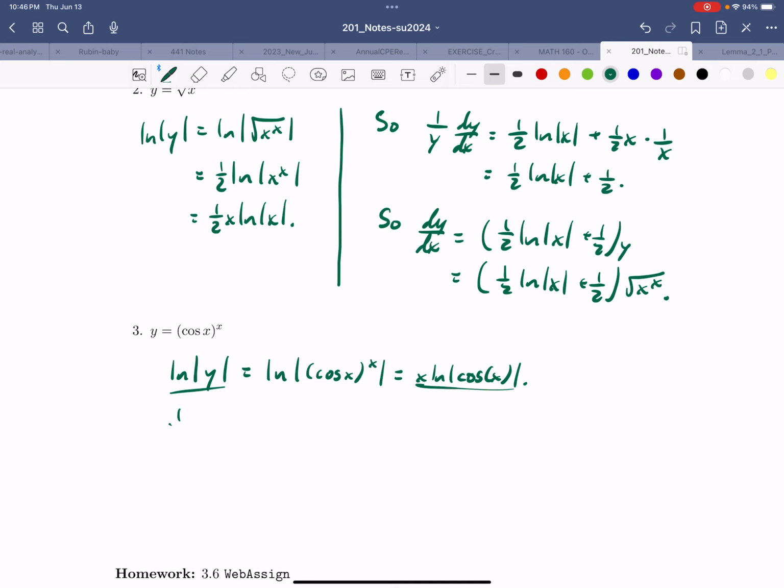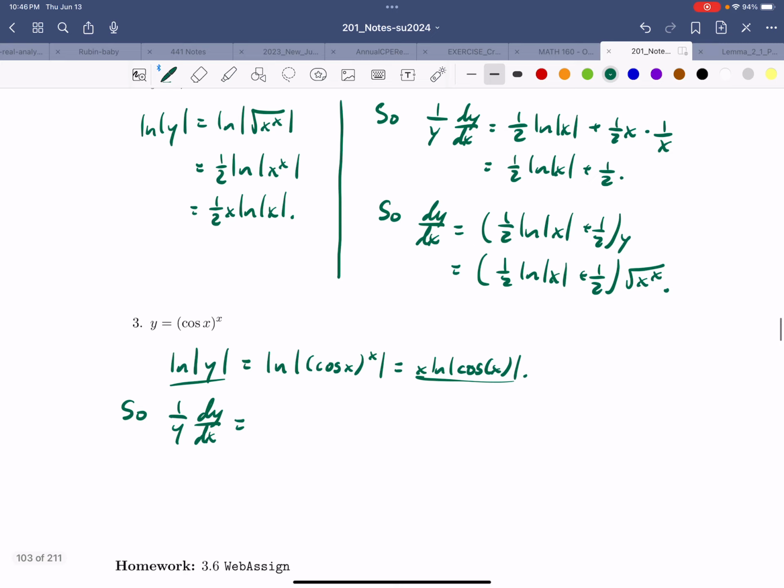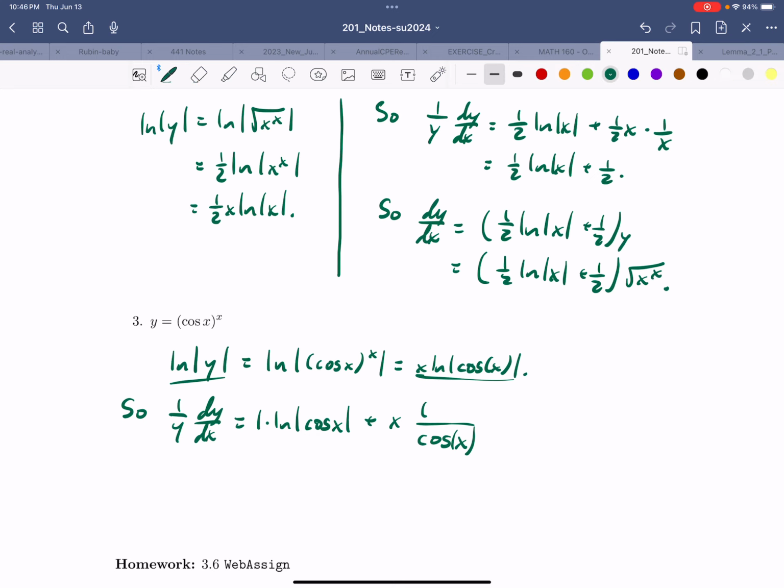We implicitly differentiate. So 1 over y dy over dx equals 1 times ln of cosine, because the derivative of x is 1, plus x times 1 over cosine of x times the derivative of cosine of x, which is negative sine.